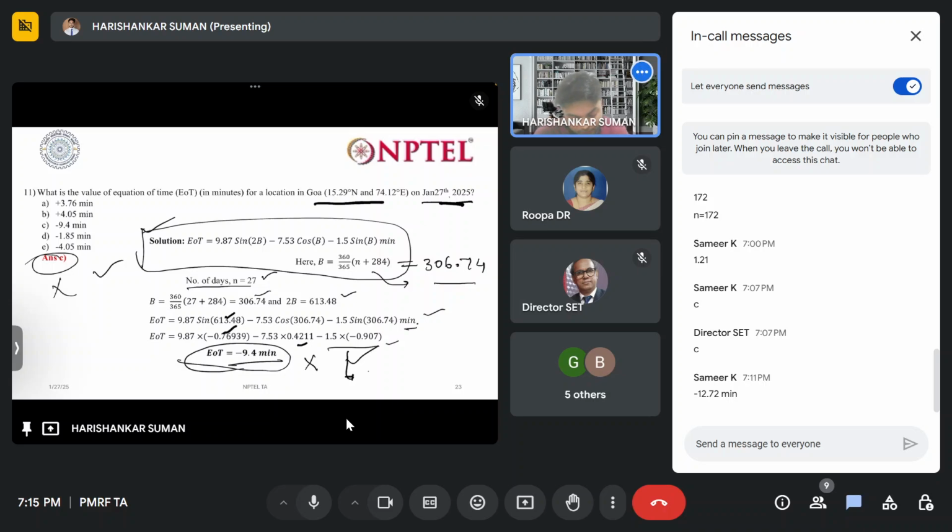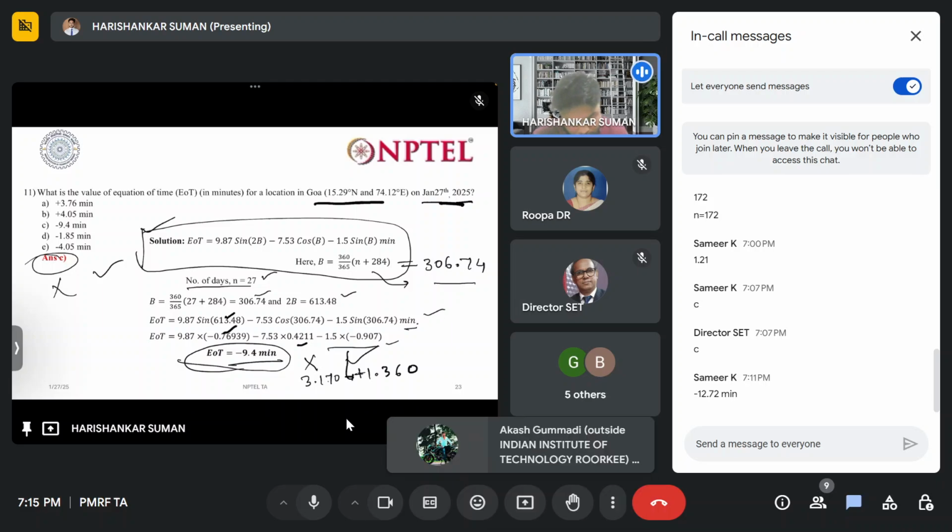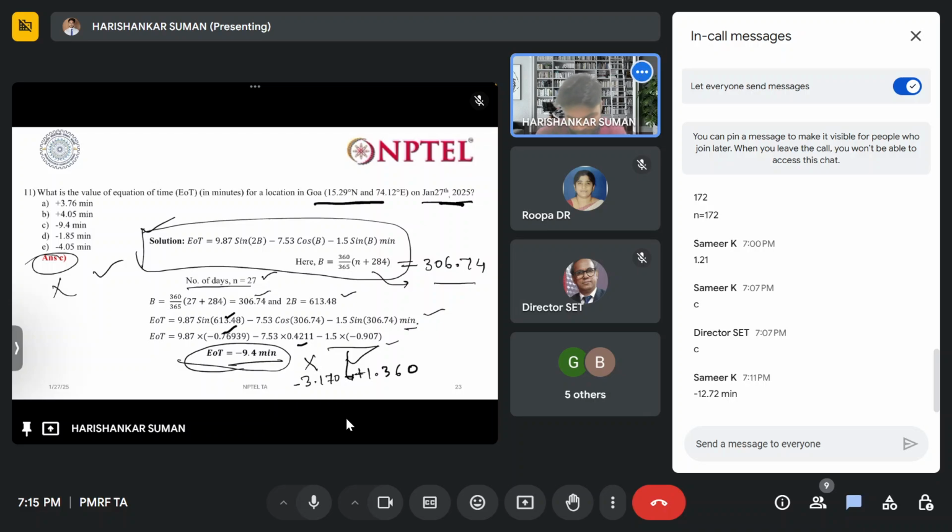If I multiply, I will get 3.60 plus 7.53 multiplied by 0.4211, and 3.170 minus 9.87 multiplied by 0.7693.